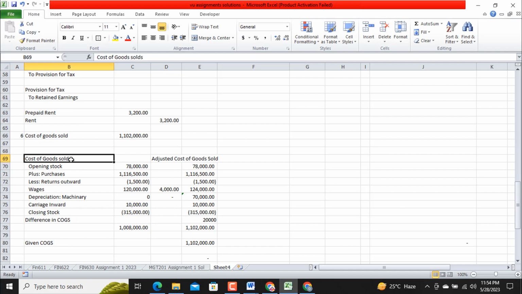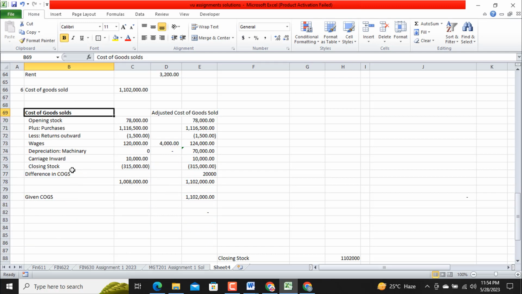So here is the cost of goods sold as per the given trial balance, and the adjustment that we have made, by making the parallel adjusted cost of goods sold here.